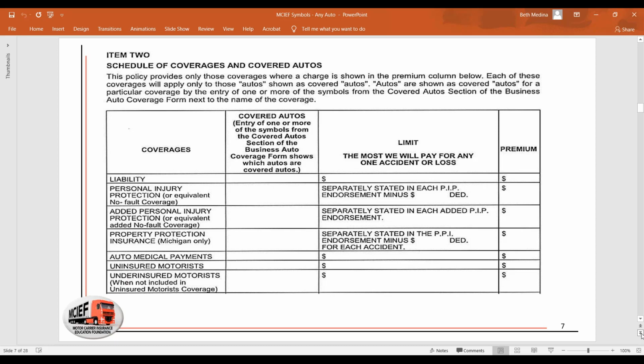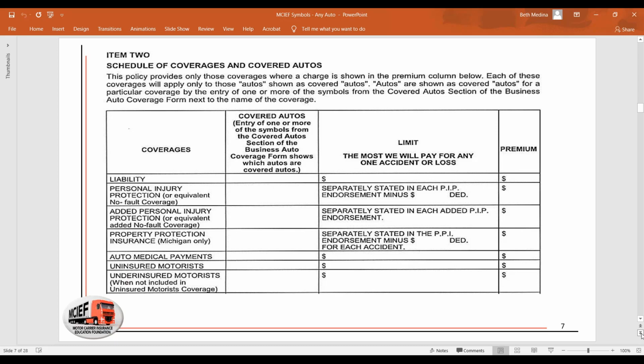So these are the first 7 items that we have for liability purposes. If you read the second item, the middle item there, covered autos, entries of one or more symbols from the covered auto section of the motor carrier form or business auto form show which autos are covered autos. So you add numbers there, and then with those numbers, obviously you put limits and they generate a premium. The number one focus here would be the first one, auto liability.